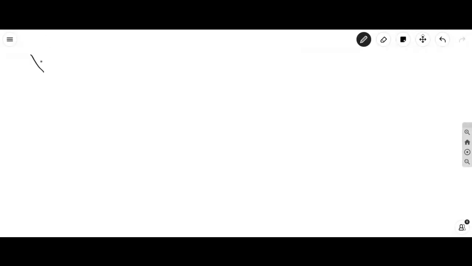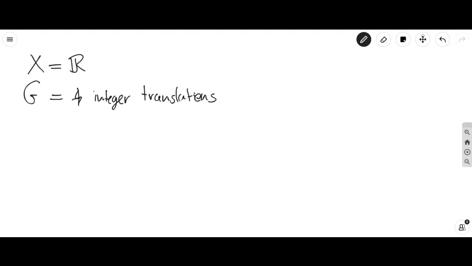Let's start with this example, which we saw earlier, where we start with the real line. So X is the real line, and G was the group of integer translations. We observe that the integer translations act evenly on the real line.